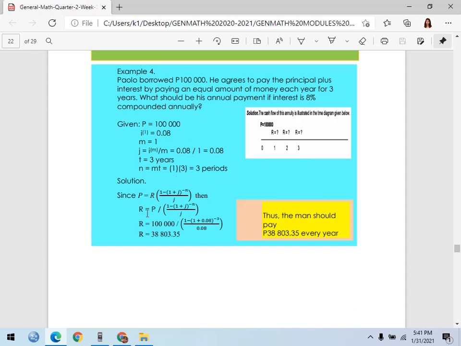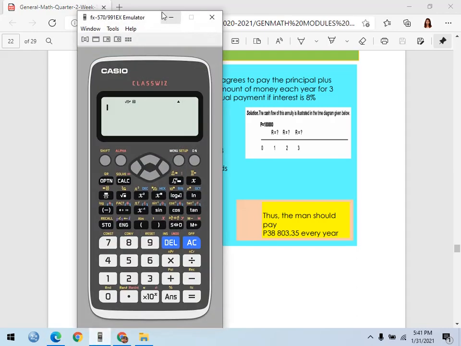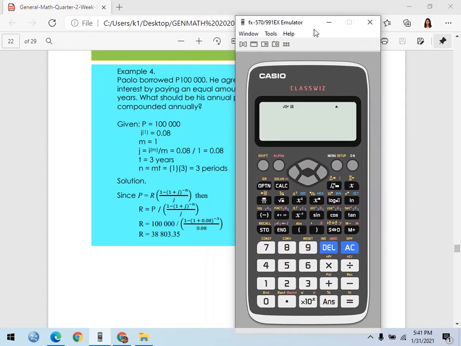Now, to solve for R, or the regular payment, use this formula. Hindi yung nasa itaas, ang isi-solve nyo is yung R, which is P divided by 1 minus 1 plus J raised to negative N divided by J. So, substitute the values and then use your calculator to solve.